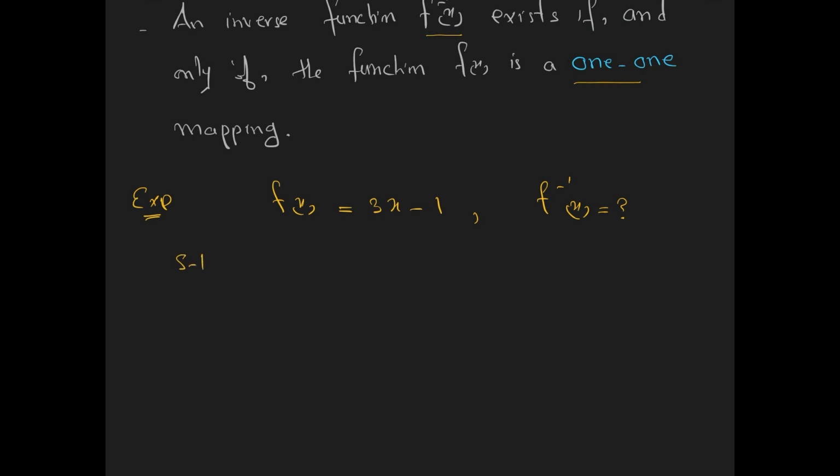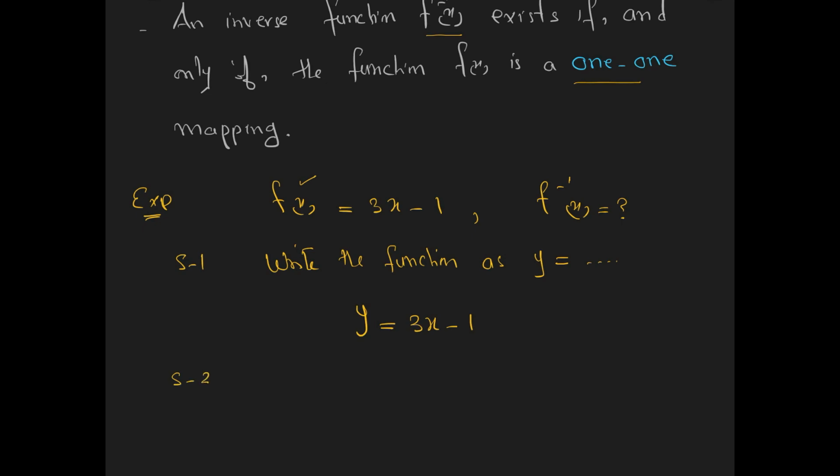In the first step, we will write the function as y is equal to, so instead of f(x), this will be replaced by y. So we will write it down, y is equal to 3x minus 1.